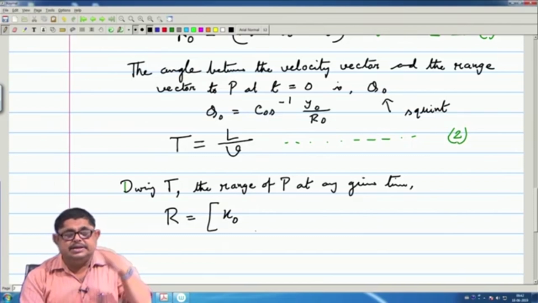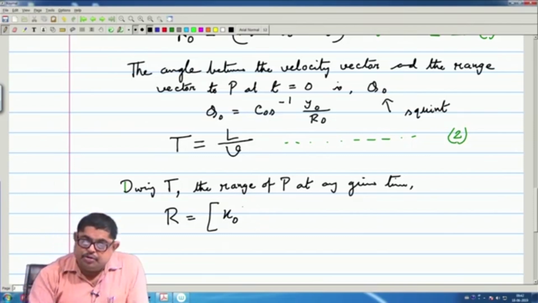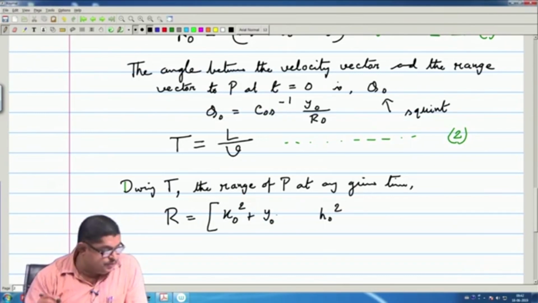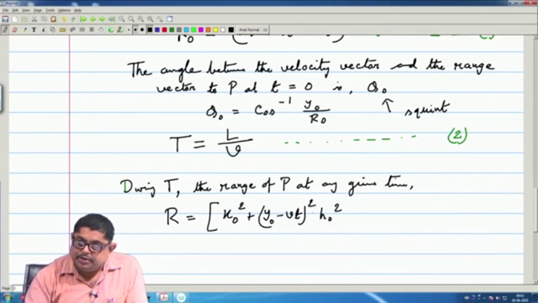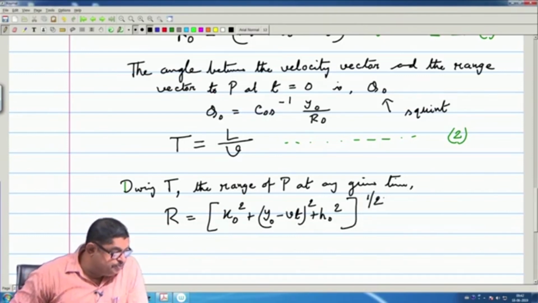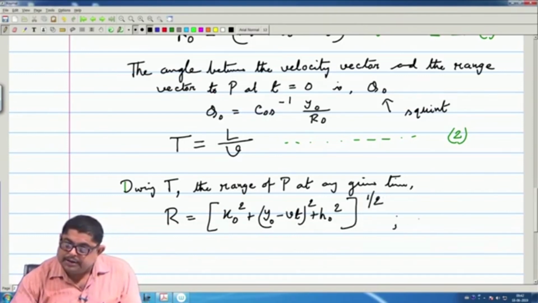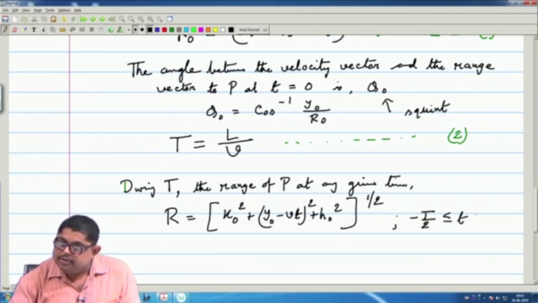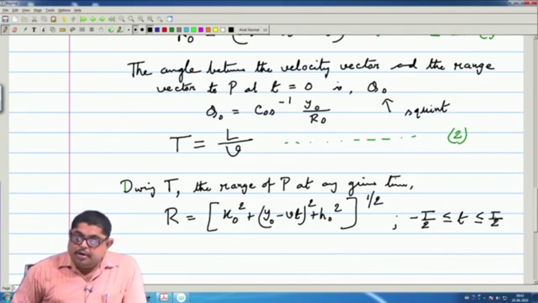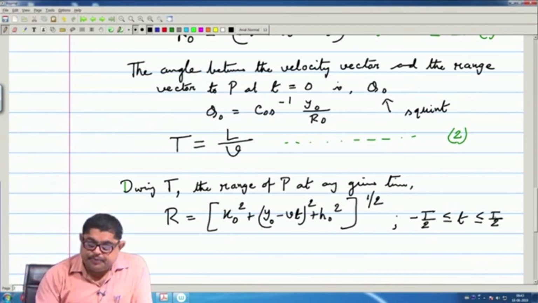So, x and z there are no movements, so those will be the same, and only it is moving in the y axis. So, I know that this will be the range at any time t, where minus T by 2 is less than or equal to t, which is less than or equal to T by 2. So, this is my range equation.